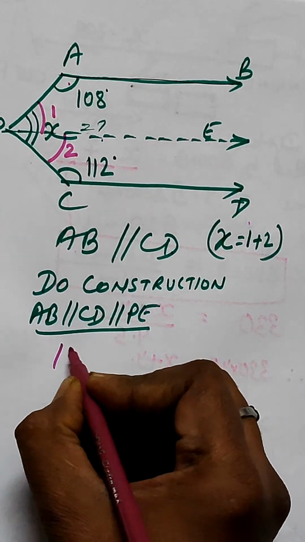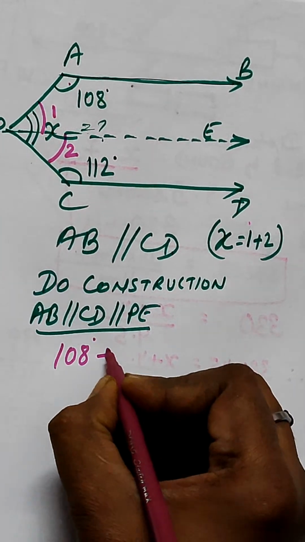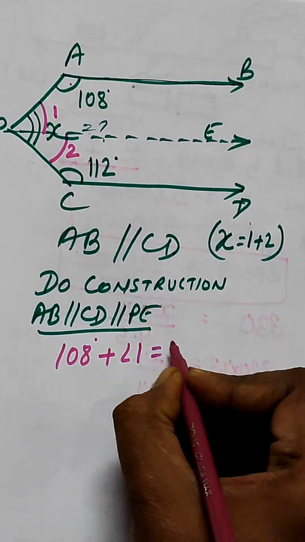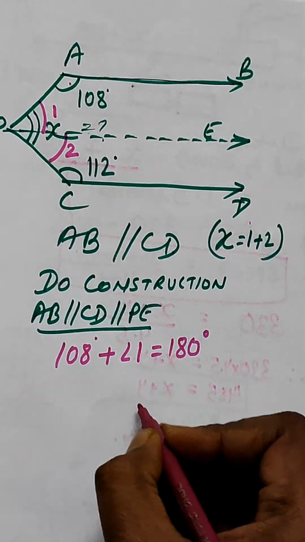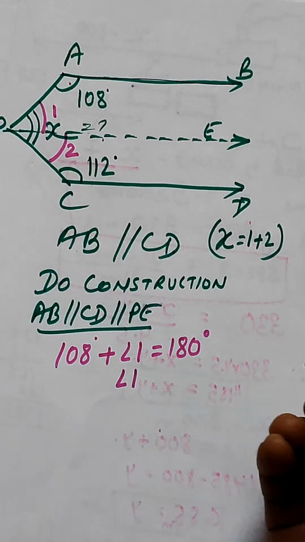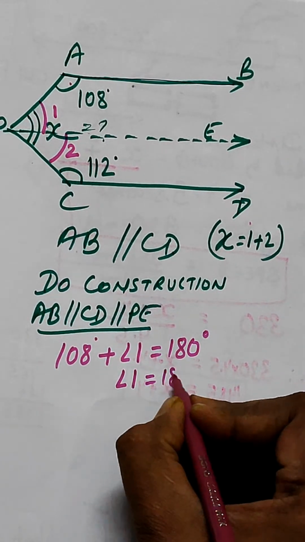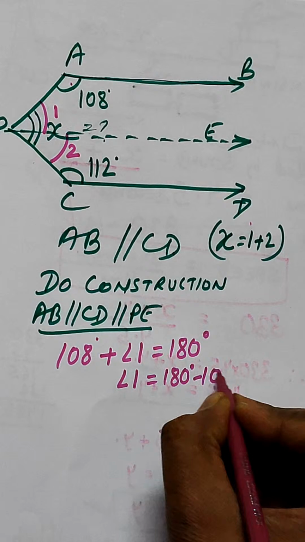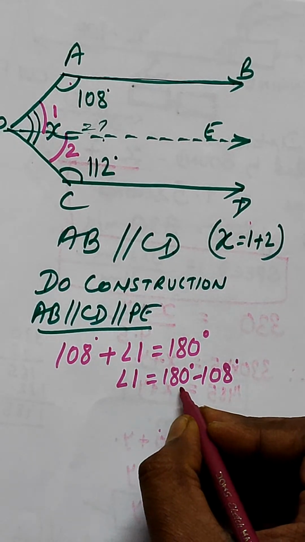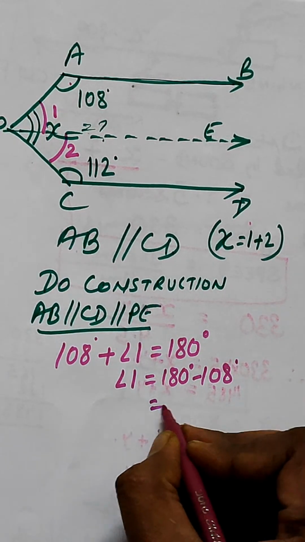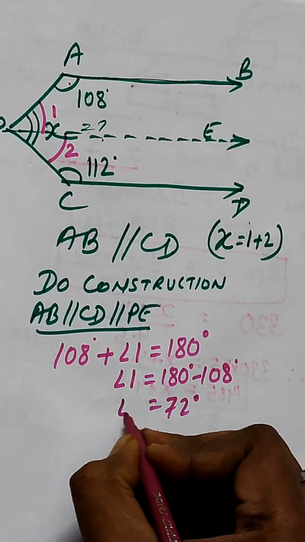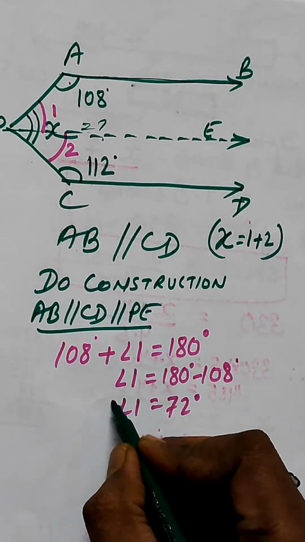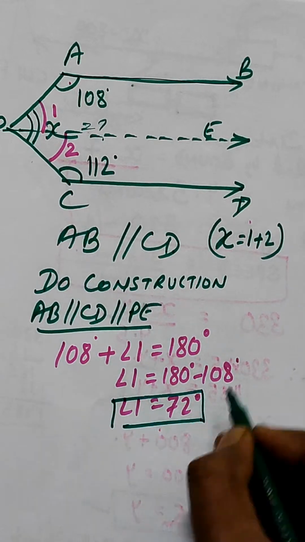So I am writing it, 108 degrees plus angle 1 is 180 degrees. So we calculate the value of angle 1 as 180 degrees minus 108, which comes to 72 degrees. So angle 1 is now known to us as 72 degrees.